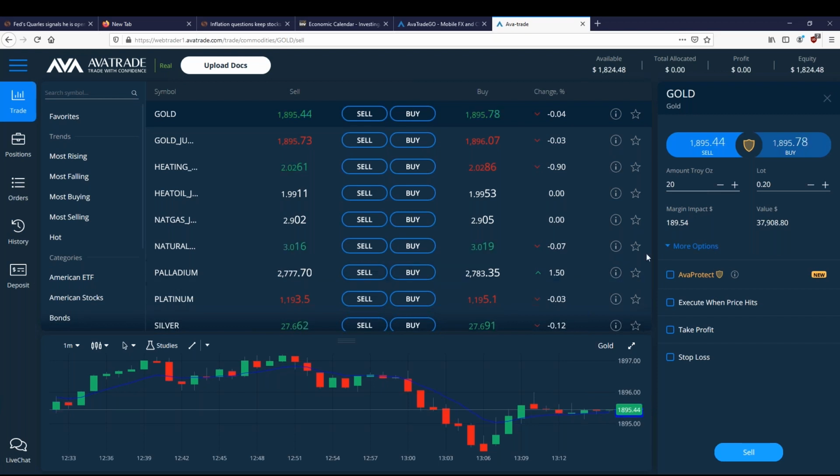And so I maybe put my stop loss. I say, okay, I'll put my stop loss at 1925, above 1900. There's my stop loss. And I take a look and I say, take profit. Maybe I think it'll drop to 1850.